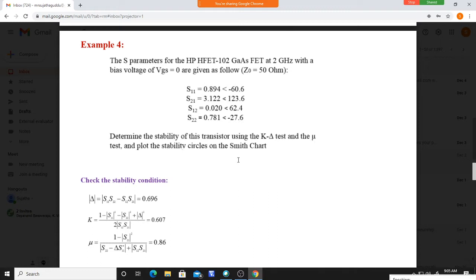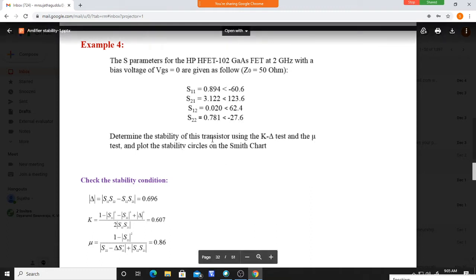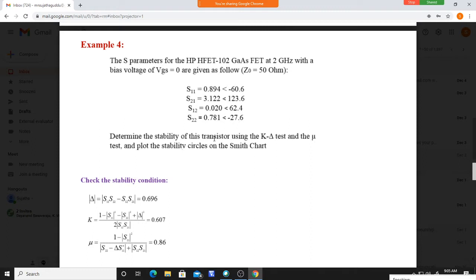That is unconditional stability. So if the system is unconditionally stable, we will get the stability circle either completely enclosing the Smith chart or lying outside it. That we have to test graphically also. So like that it is asked.